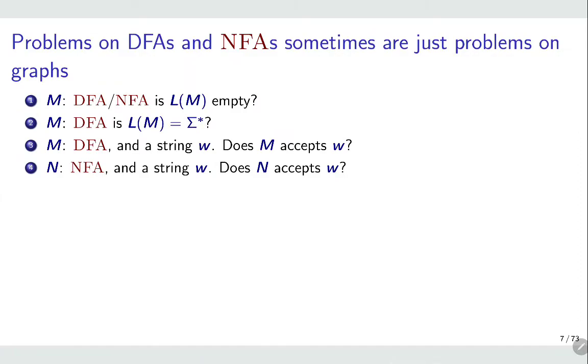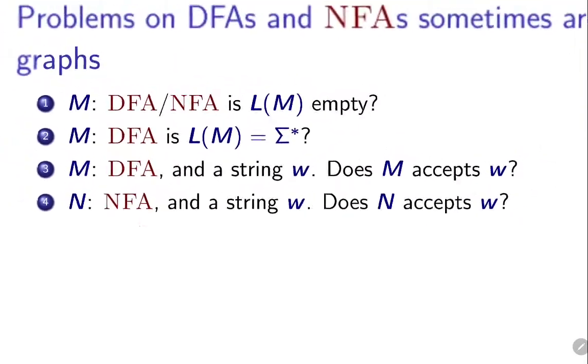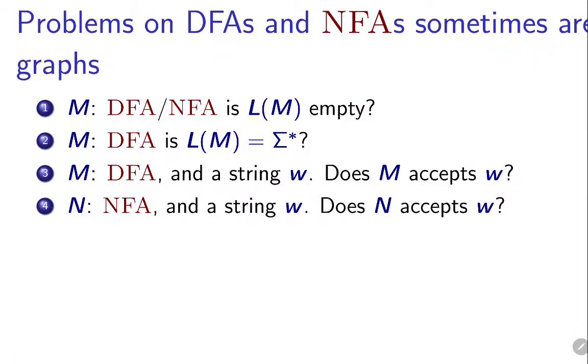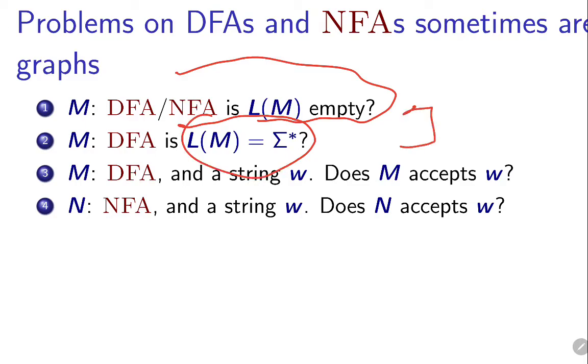Anyway, a lot of problems that we have seen on DFAs or NFAs can be interpreted as problems about graphs. So for example, as I just mentioned, is the language empty? Is the language containing all the strings over the alphabet? This is essentially a complement of each other, if you think about it.